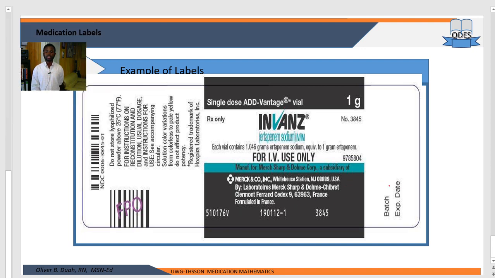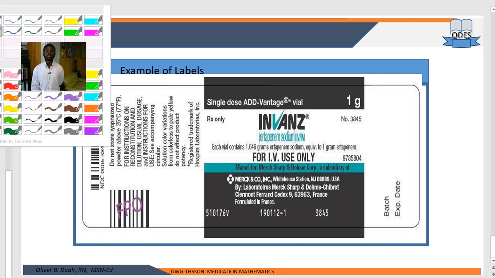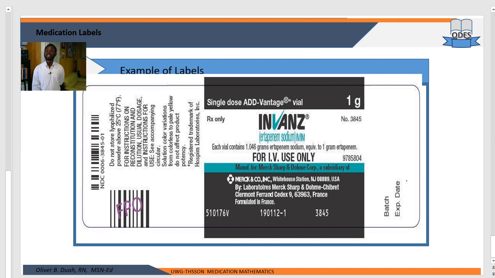And then you have the batch number, which is also the same as the lot number. I think some European countries prefer to use batch numbers. And then you have the expiration date. So you have to make note of the expiration date to ensure that your medication is not expired. Okay. It gives you some storage information and then reconstitution information on this side.